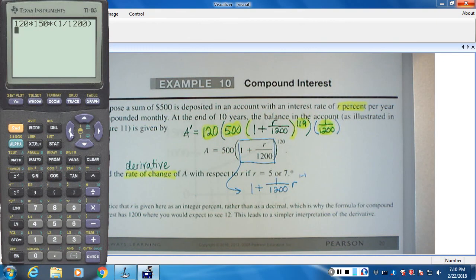Oh, that's supposed to be 500. Thank you for catching that. Okay, so 120 times the 500 times the 1 over 1,200. And when I multiply that all out, that's just 50.